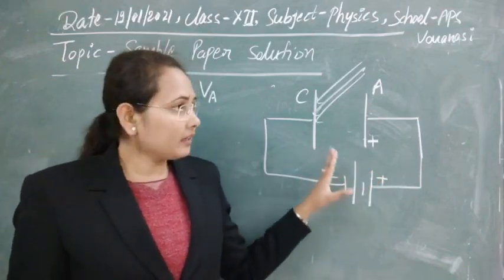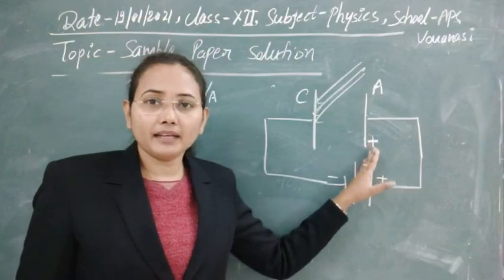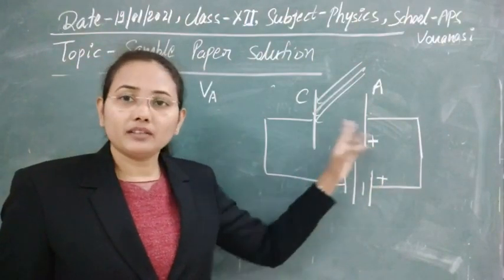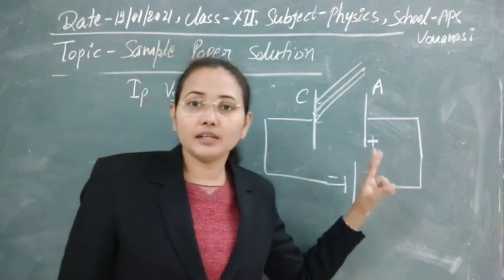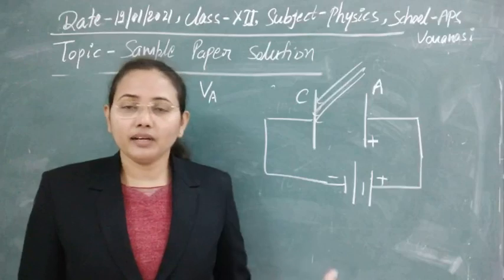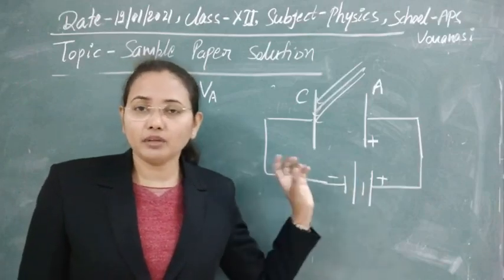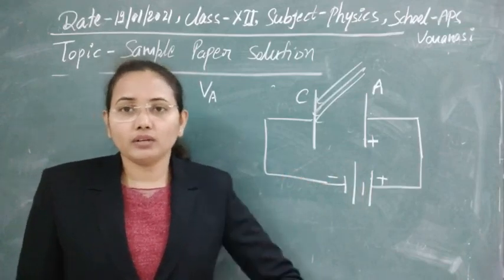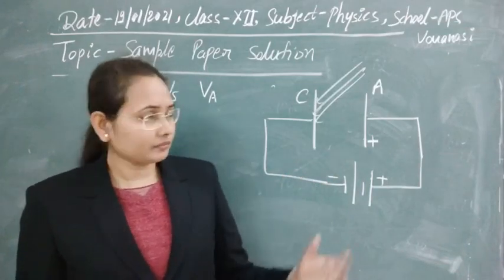Ultimately if we continually apply negative potential at the anode, then a time will occur when no electron will be able to reach here due to repulsion. At that time the photoelectric current becomes zero at the negative potential, that is known as the cutoff potential, or cutoff anode potential.